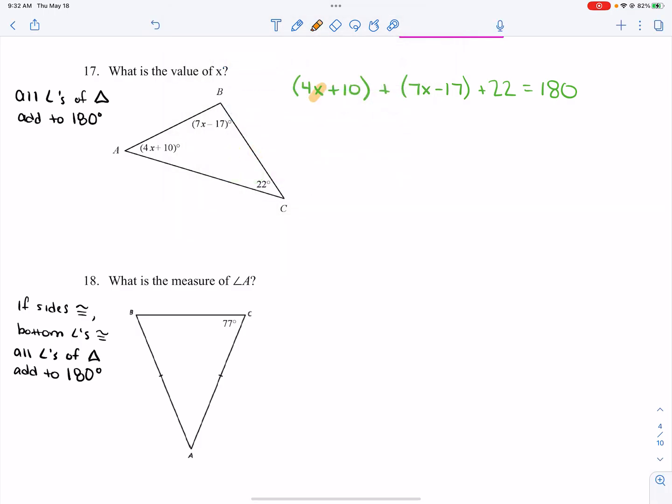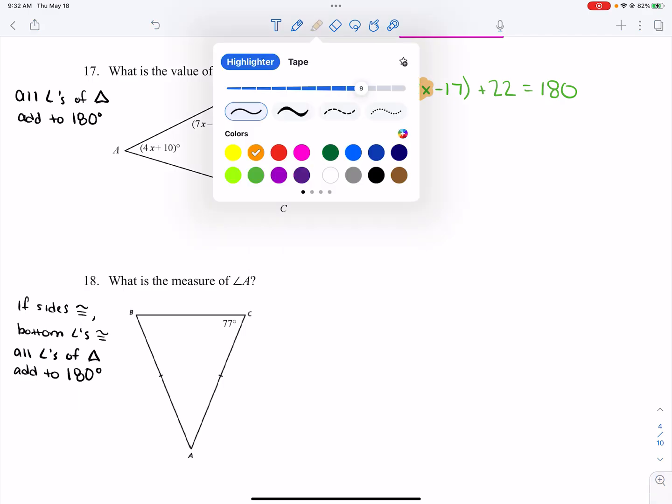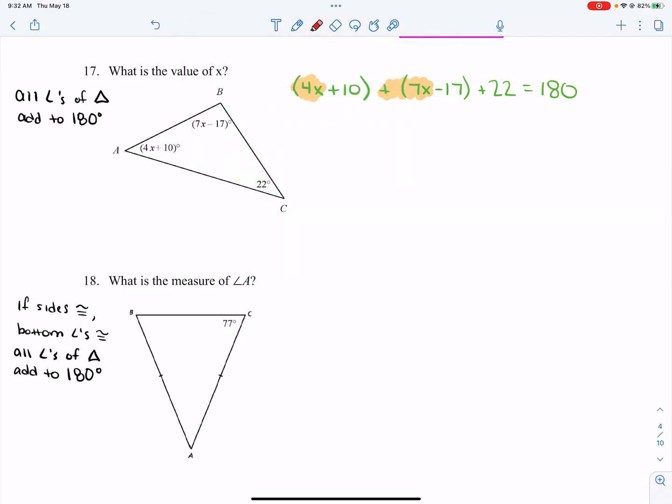I'm going to combine any like terms. So 4x plus 7x, I get 11x.